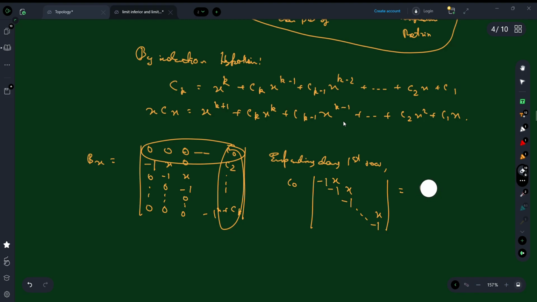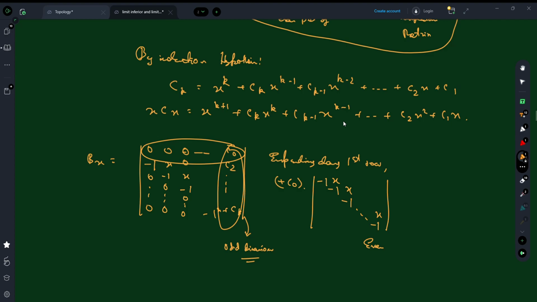Let me write it in a bit more detail. Observe that if this is an odd dimension matrix, then the sign allotted to C0 will be plus, right? And the minor of C0 will then be even dimension, because if this is a k dimension matrix, then you will get a k minus 1 dimension matrix.